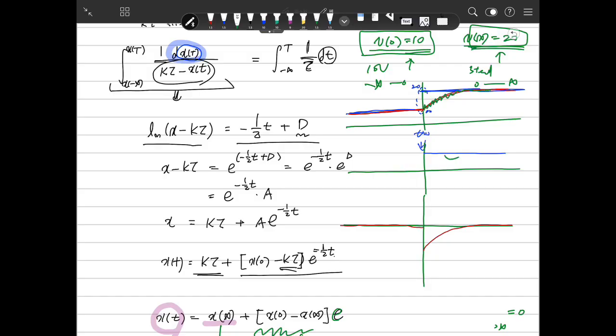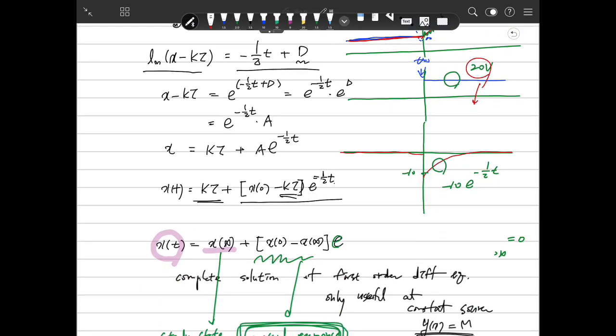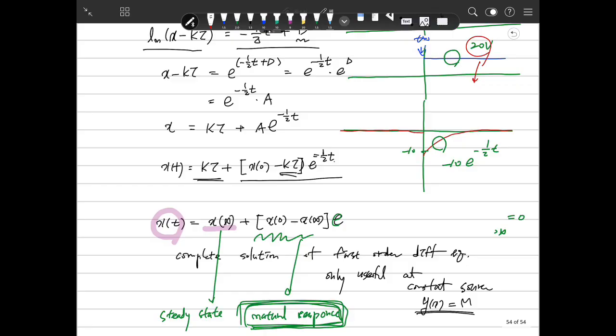This waveform is a sum of this and this. This is 20 volt, and this is maybe this decade. That value maybe there will be about minus 10. The minus 10 exponential minus tau t. So this is a forced response here.